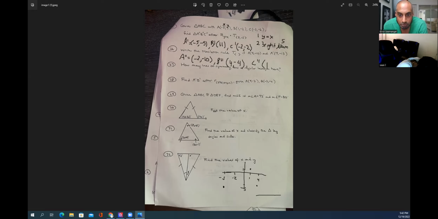If you start at (-2, -2), go 3 to the right, which would be 1, then down 5, so (1, -7). So A prime prime is (-2, -10), B prime prime is (4, -4), C prime prime is (1, -7).